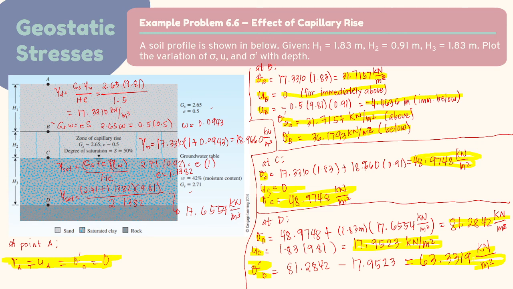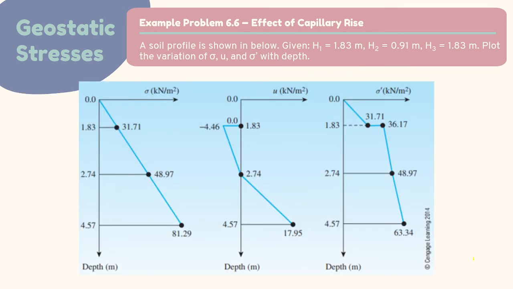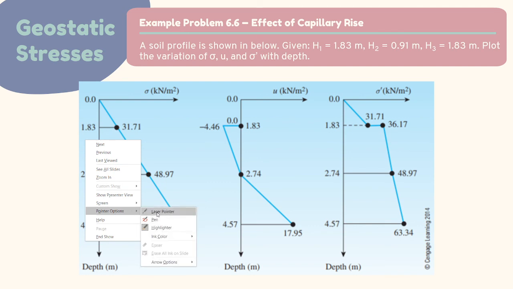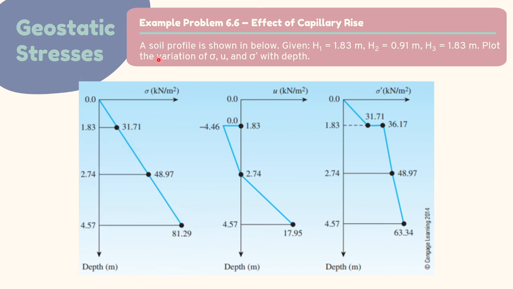So now we can plot, and your plot would look like this. This is our plot for the total stress. You can see that the total, the pore water, and the effective stress are all equal to 0 at point A. Now for point B, we have these values which we have determined earlier.